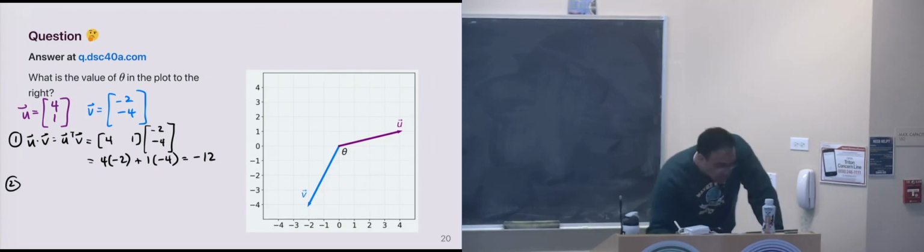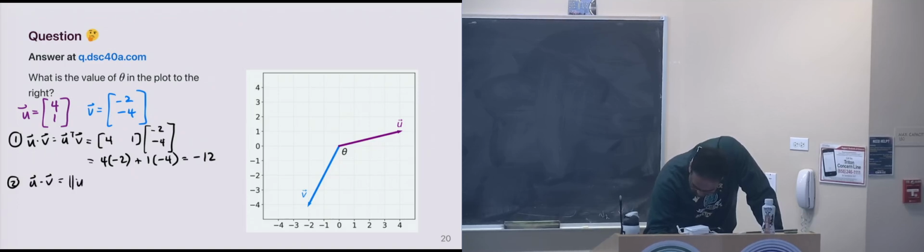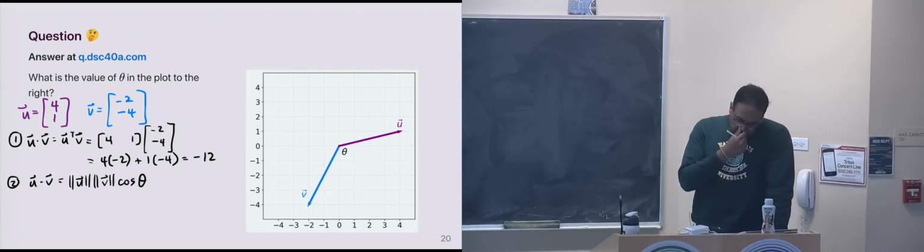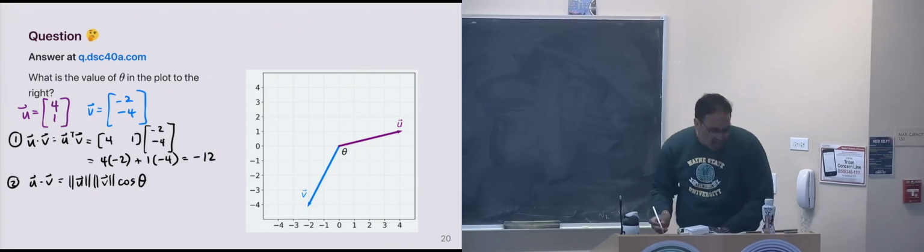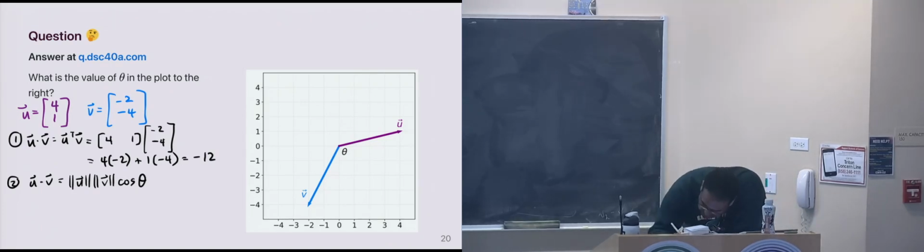The second way of computing the dot product is the length of U times the length of V, cosine of the angle between them. Okay, what's the length of U? Well, it's square root of 4 squared plus 1 squared.